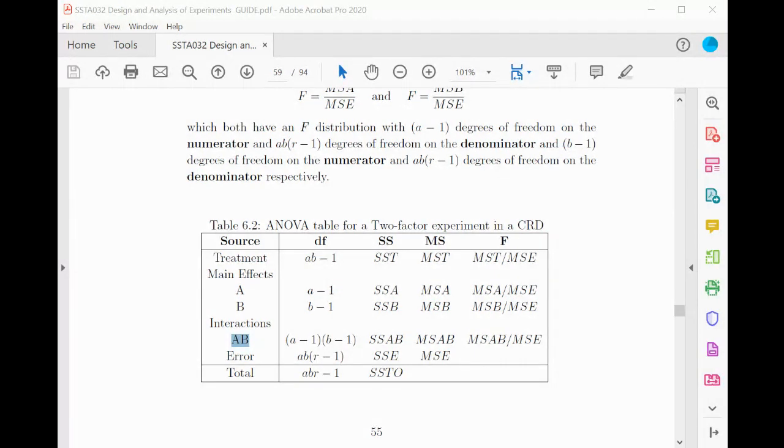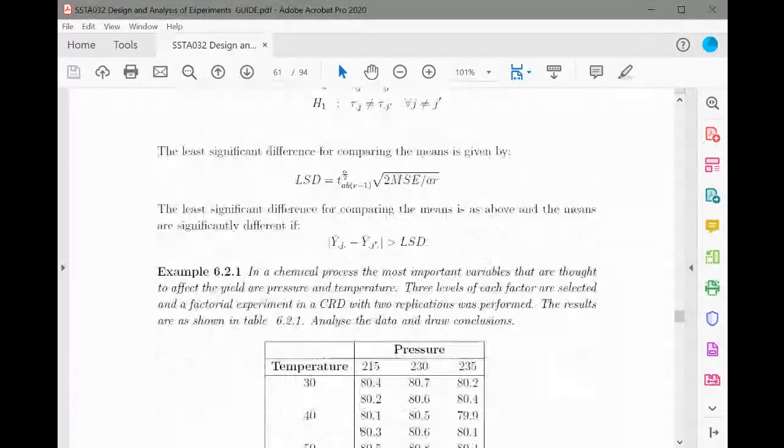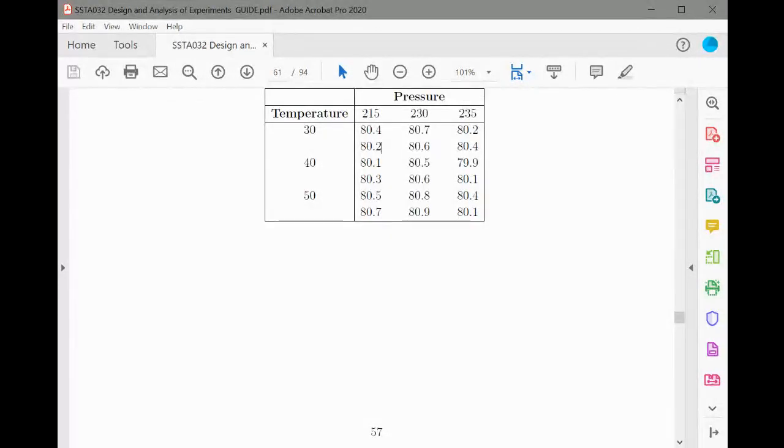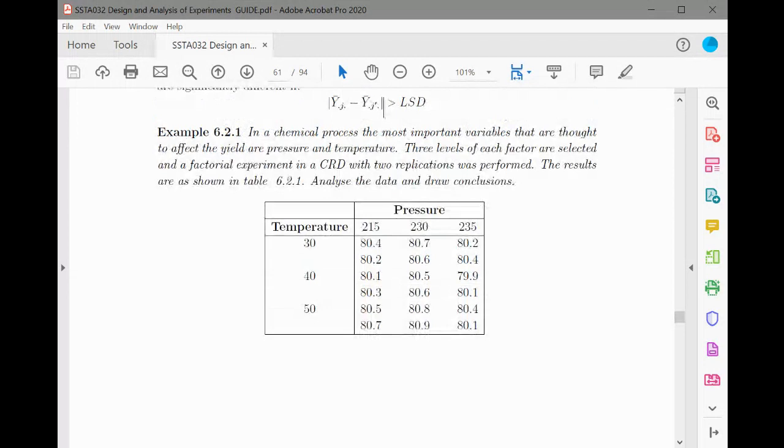If we have to do an example, you have been constructing an ANOVA table for some time, so if I ask you to construct an ANOVA table, it is not going to be a problem.